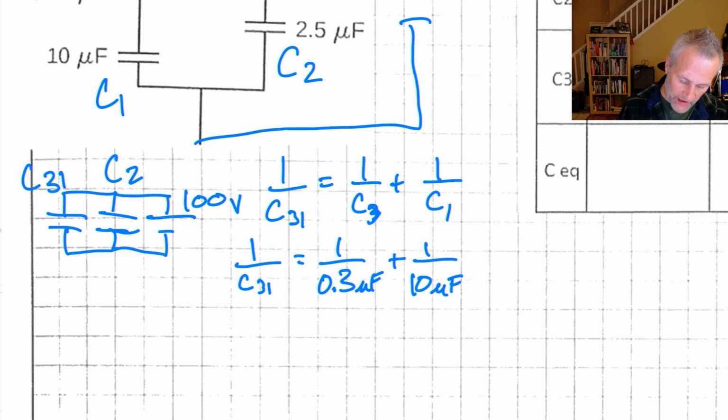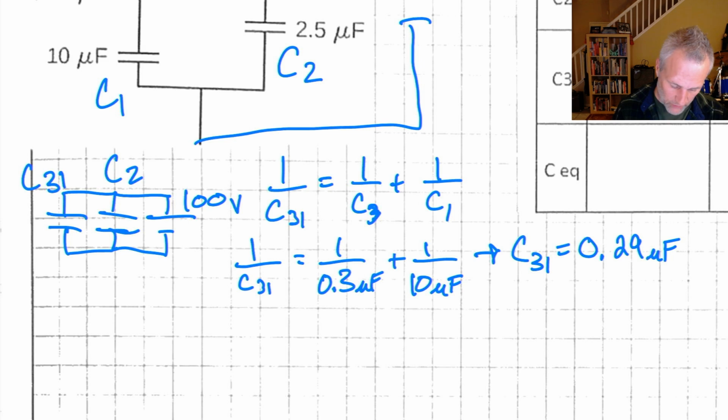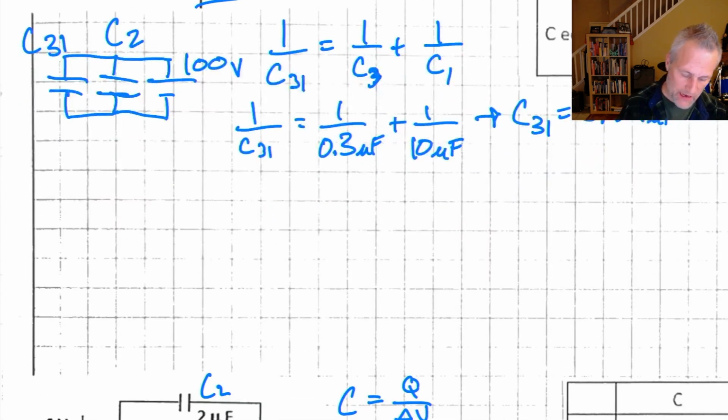And when you work that out, you will find that C31 is equal to 0.29 microfarads.